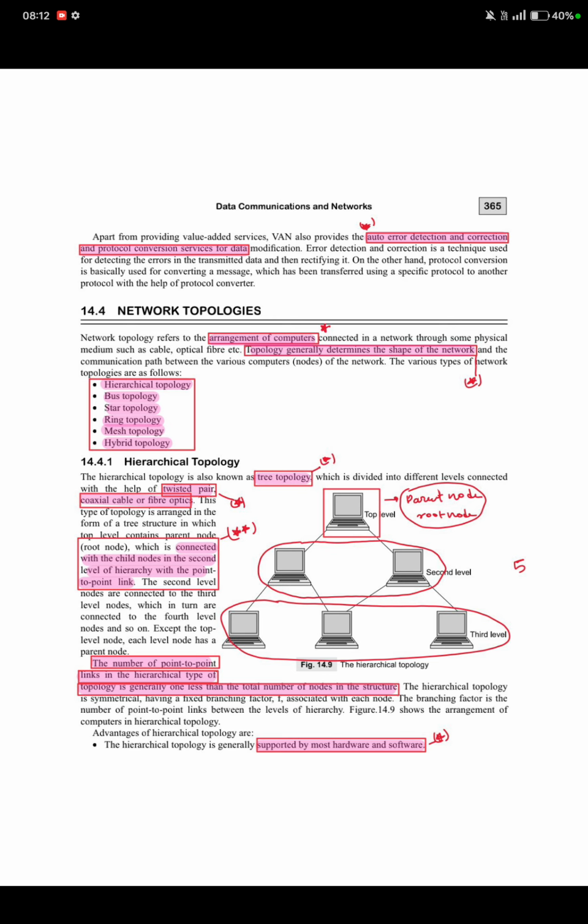The number of point-to-point links in the hierarchical type of topology is generally one less than the total number of nodes in the structure.